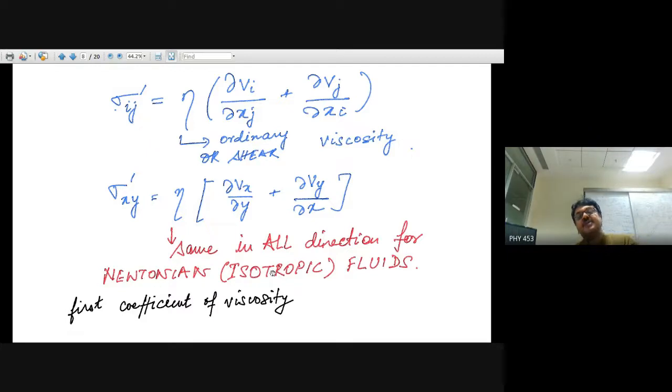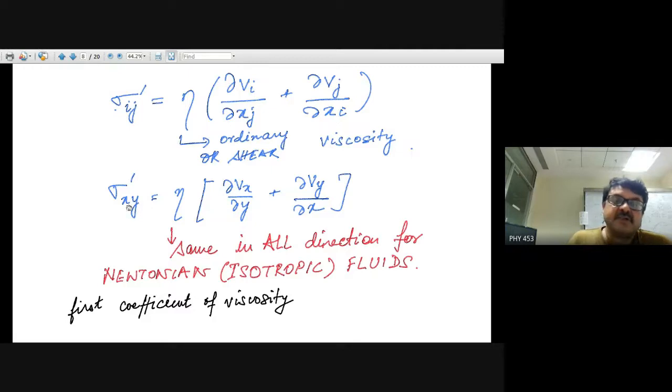You have Newtonian isotropic fluids, and this is also called the first coefficient of viscosity. The stress tensor depends upon the first coefficient of viscosity, which is the same in different directions.